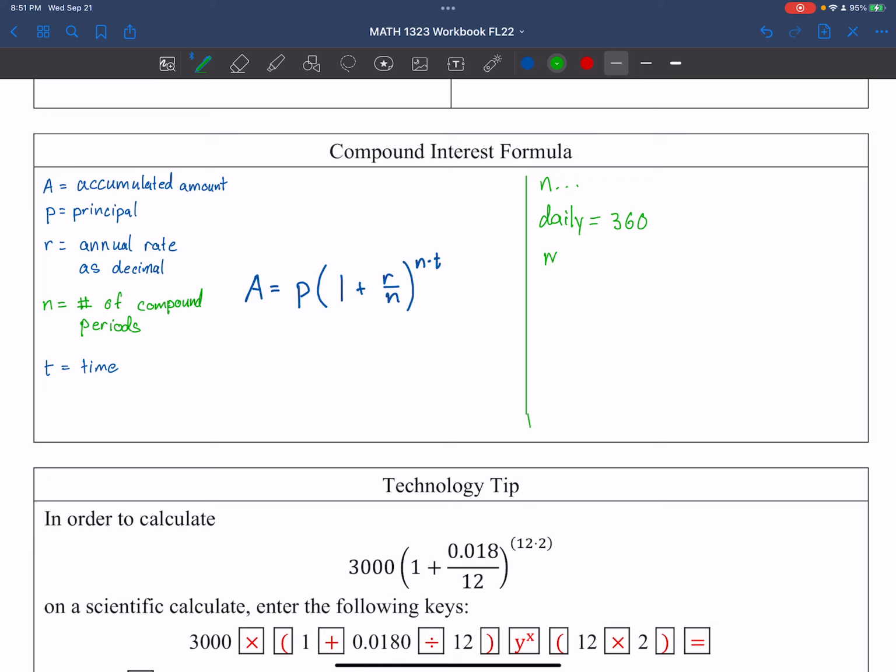Something that is done monthly is just the standard 12. Quarterly, there are 4 quarters in a year, there are 4 seasons, so quarterly is 4. Semi-annually is 2, and annually is 1. So these are different values for N.